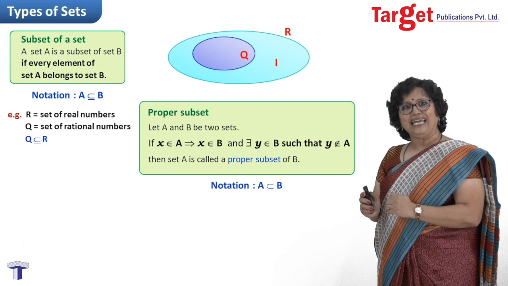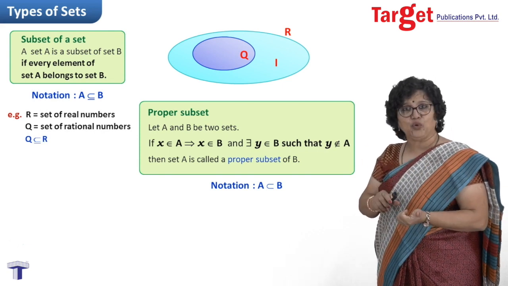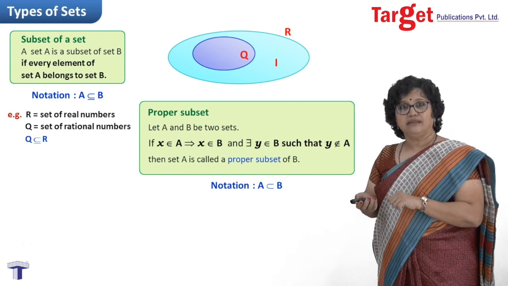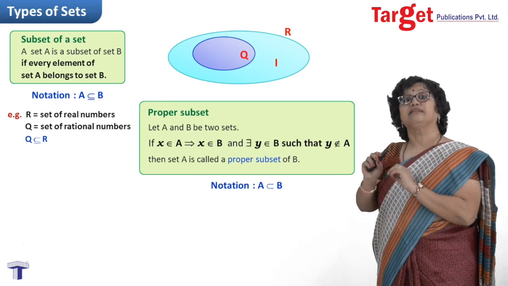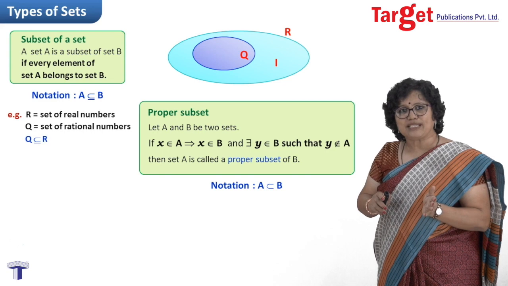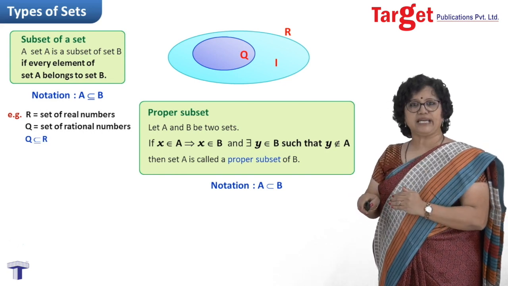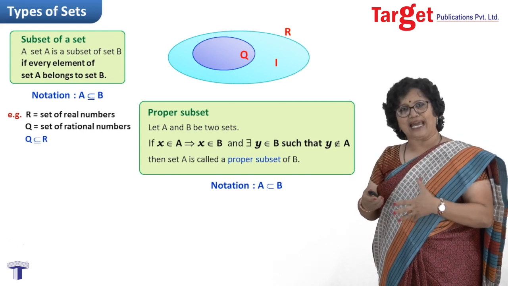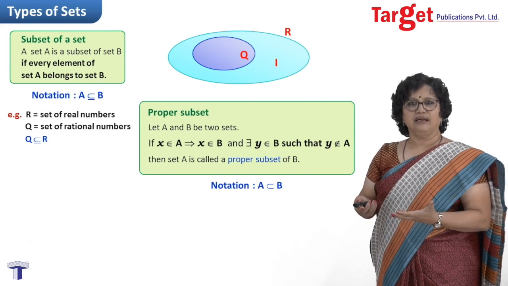So there are irrational numbers which are not in Q, but they are in R, capital R, the set of real numbers. Now, when to use subset and when to use proper subset, as the subject proceeds, you will get that understanding.